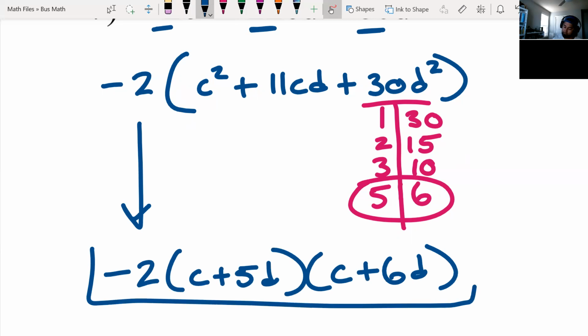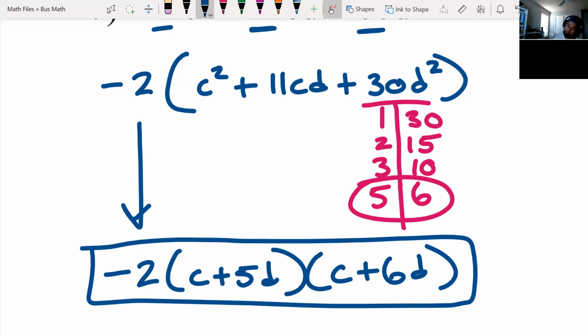And there you go. This time we had to add that variable of D on because of that D squared up there. All right. All good? Yes, sir.